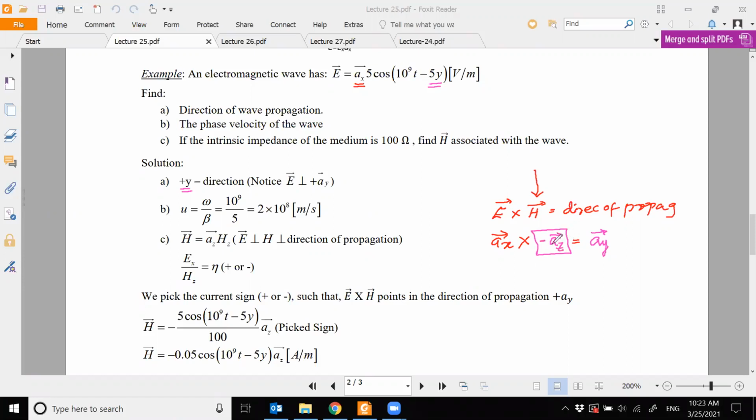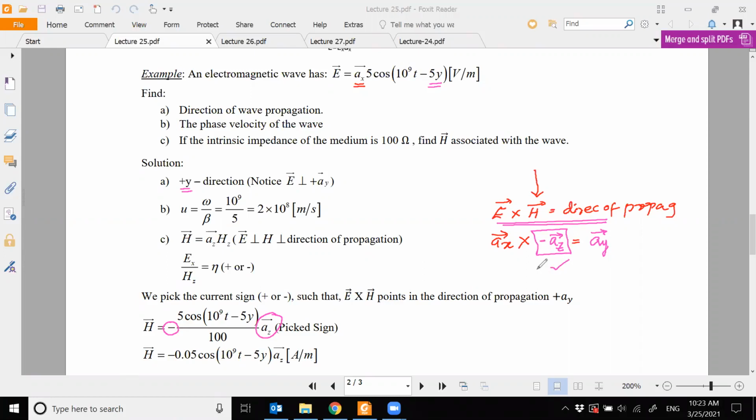Because ax cross az is negative ay, but we want positive ay, it should be negative az. Therefore, the component of H must be a z component, and in order to follow this rule, it should be negative. So it is minus az.